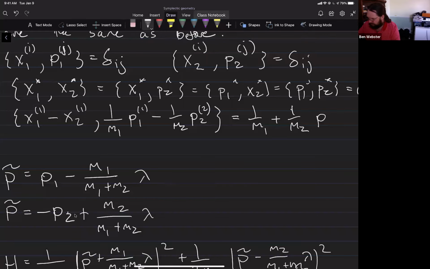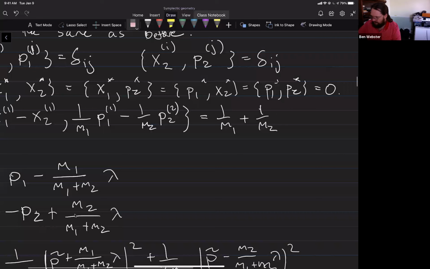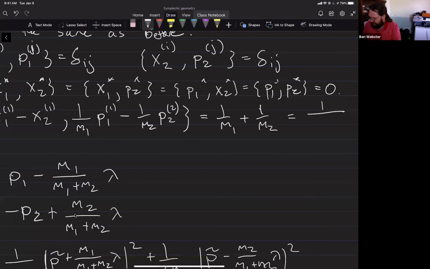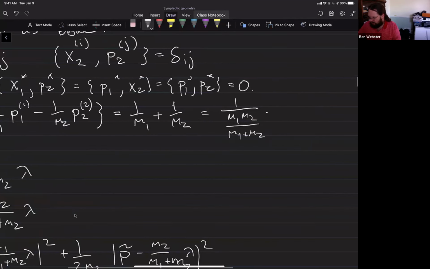And just note for the sake of completeness later that 1 over m1 plus 1 over m2 is the reciprocal of m1 times m2 divided by m1 plus m2, and this quantity is what's called the reduced mass.